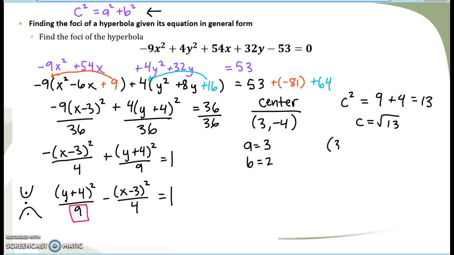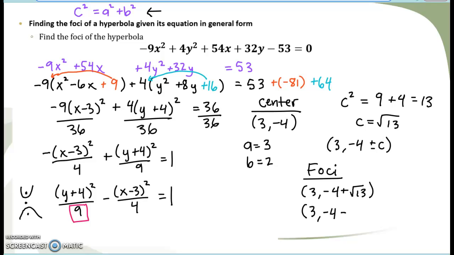So we're going to take 3 and then negative 4 plus or minus c, which is the square root of 13. So our foci end up at (3, negative 4 plus square root 13), or plus c, and (3, negative 4 minus the square root of 13).